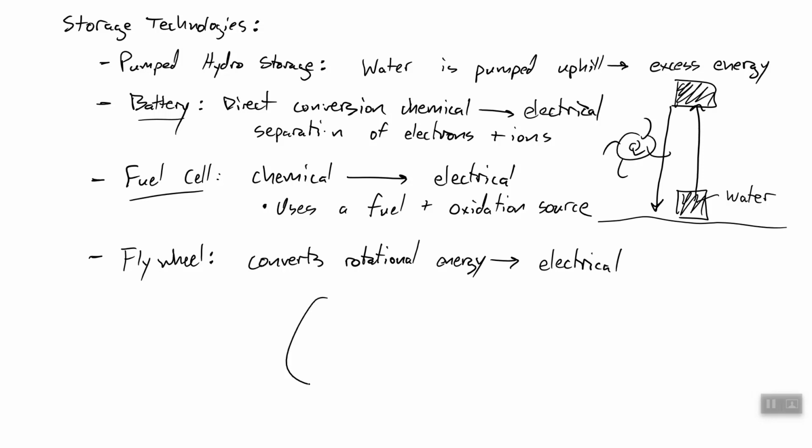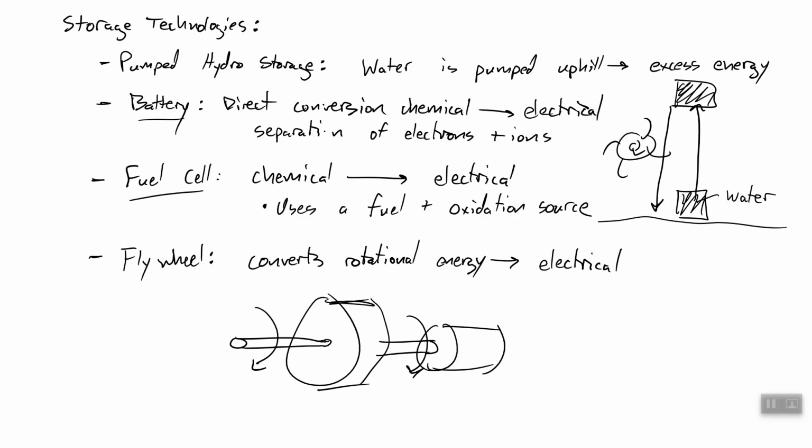And this really is just a very large weight, which we use a motor to spin, and it's got a significant amount of rotational momentum so that it will continue spinning, storing that kinetic energy, and we minimize the rotational losses as much as possible. Then when we need to extract energy, this is also connected to a generator. So when we need to extract energy, we turn on this generator and allow this rotational momentum to generate electricity, which will slow down this rotating weight.